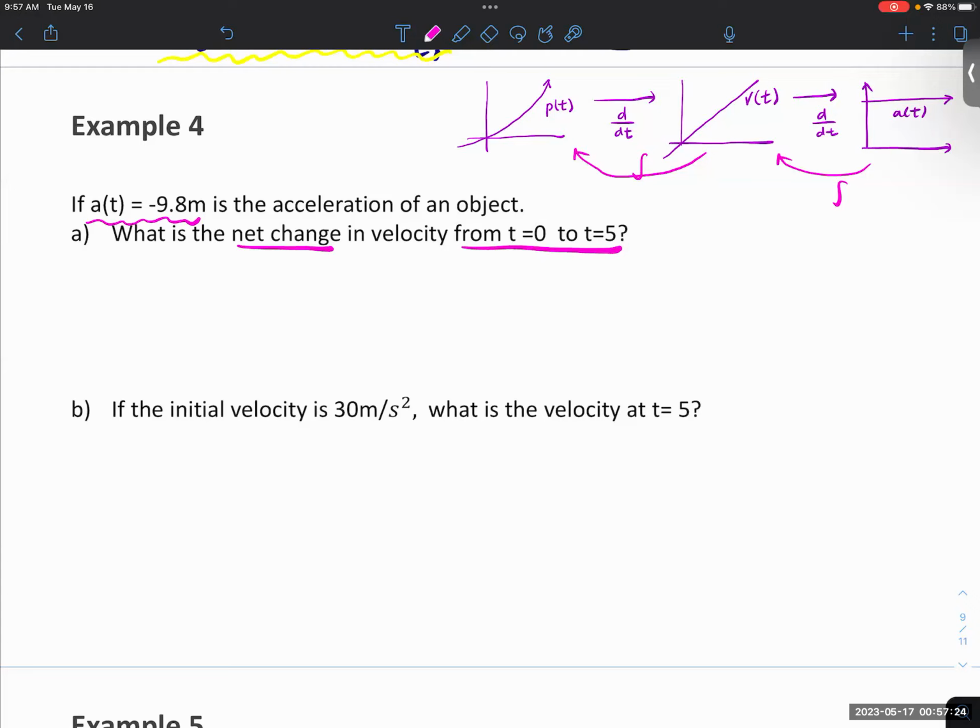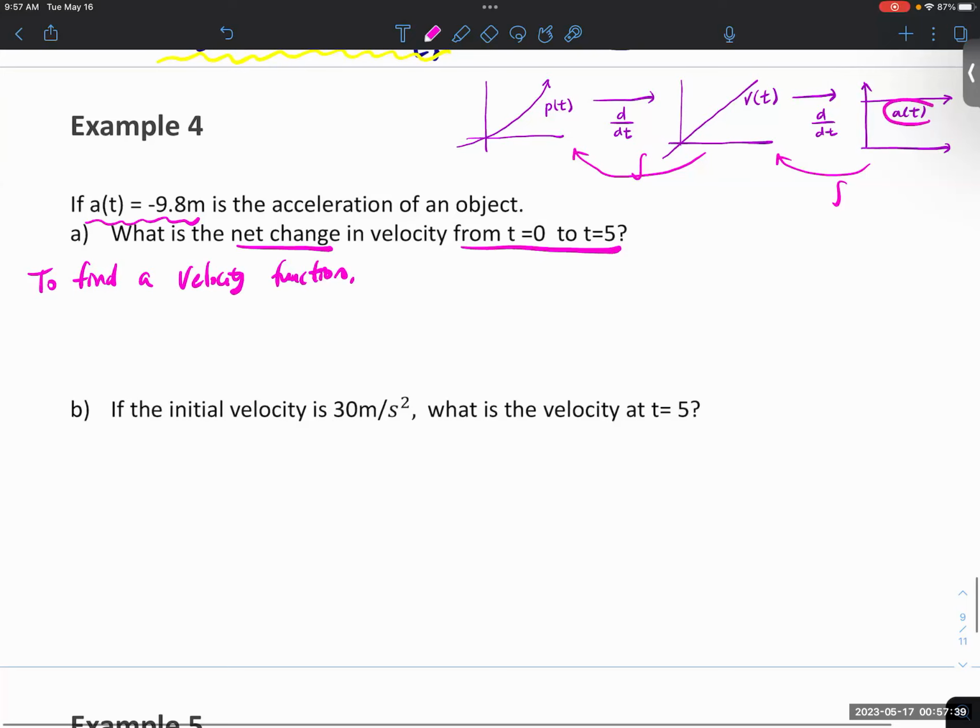So hold on. Do we have any given velocity function? No. So to find the velocity function, what do you think? We are going to take the integral of the acceleration and you will get back the velocity.